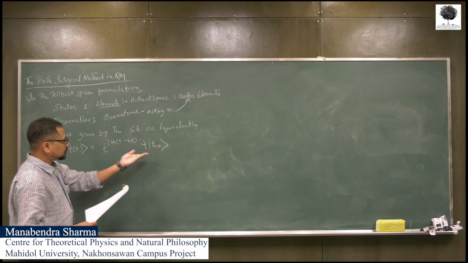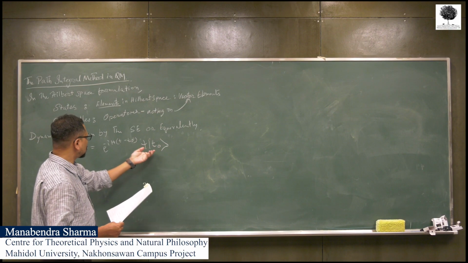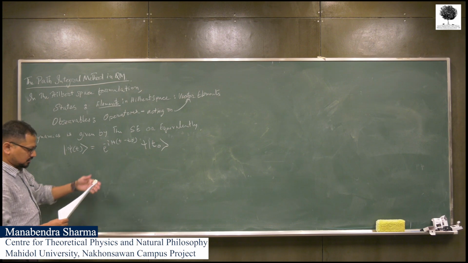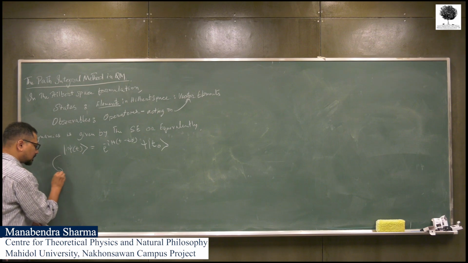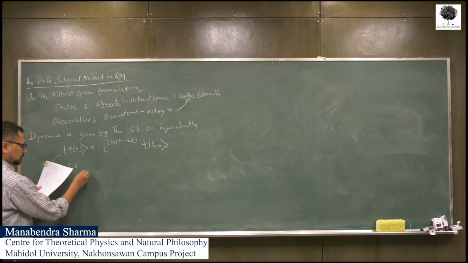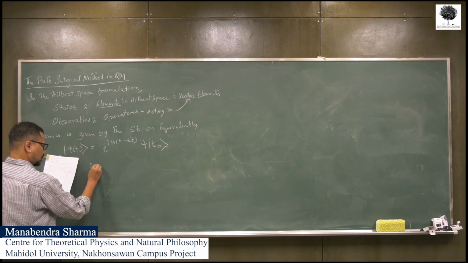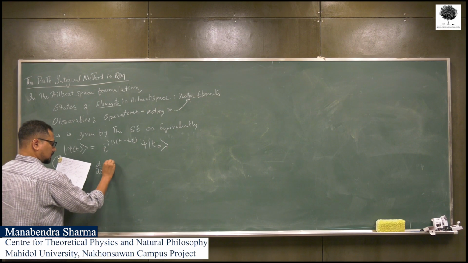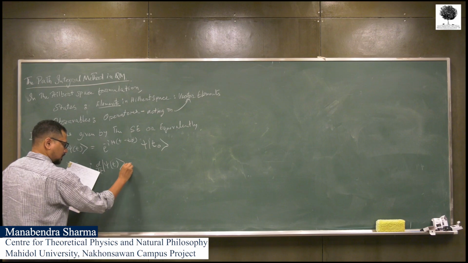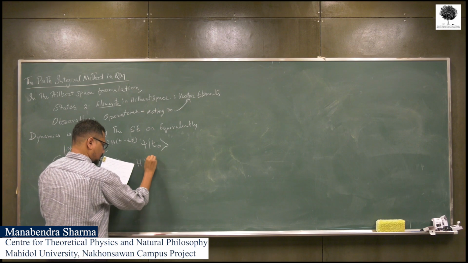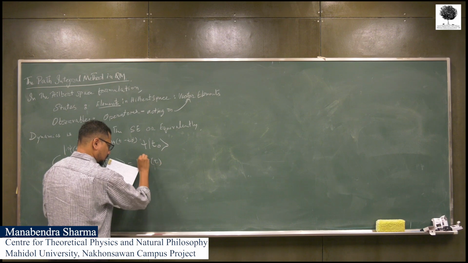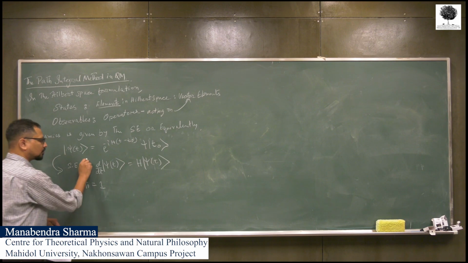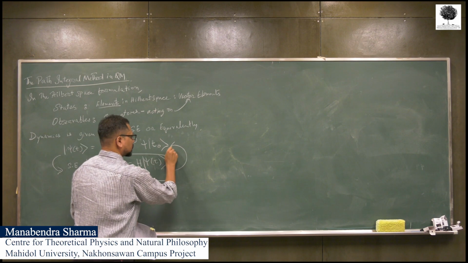So all it says is if you know the state at time t equal to t naught, at any later time t it can be computed using this relation, which is nothing but the Schrödinger equation, where I'm setting h bar to be 1, so these two are equivalent.